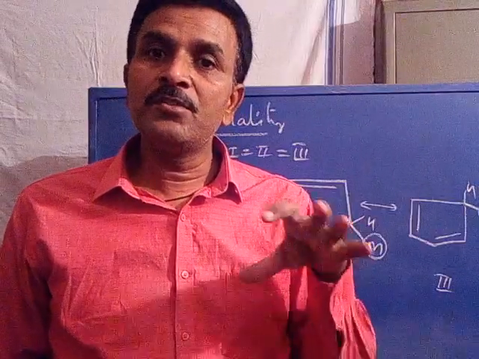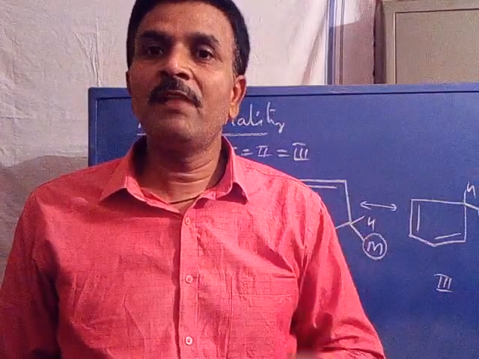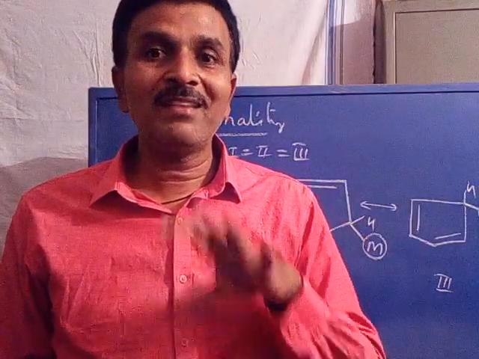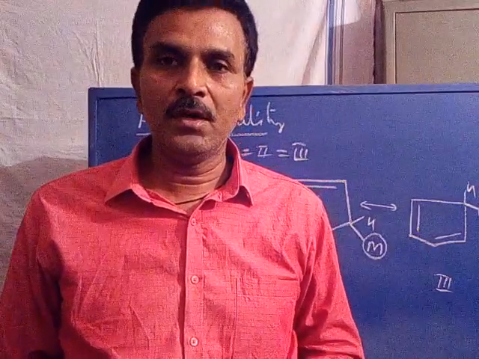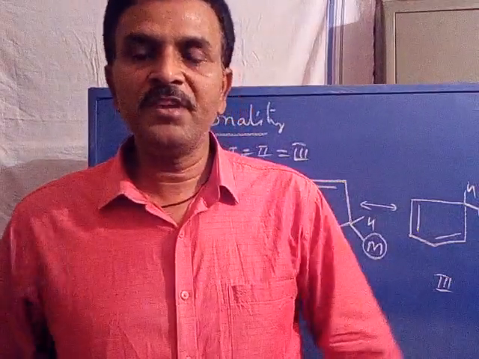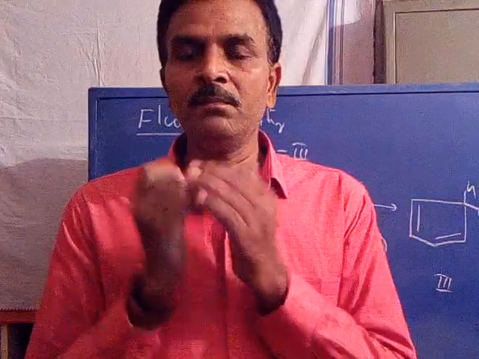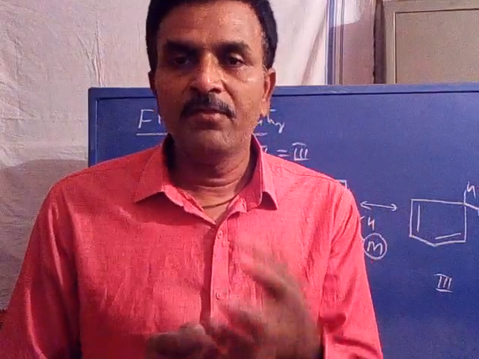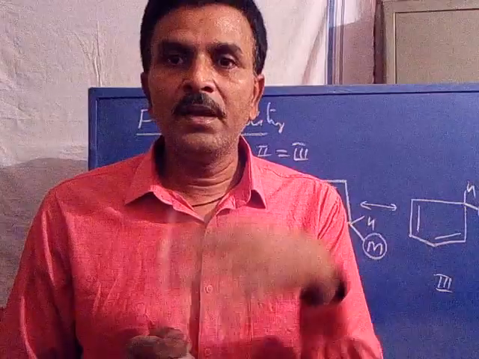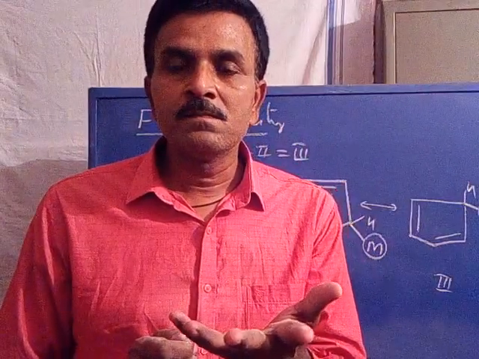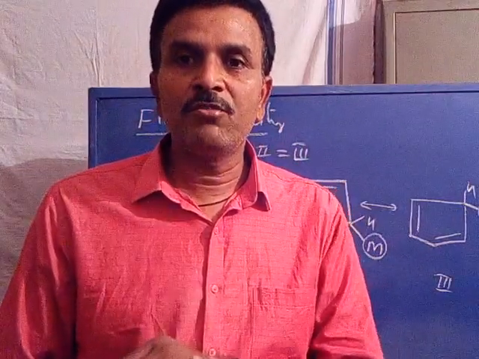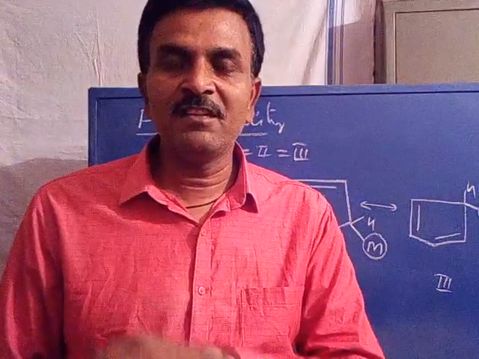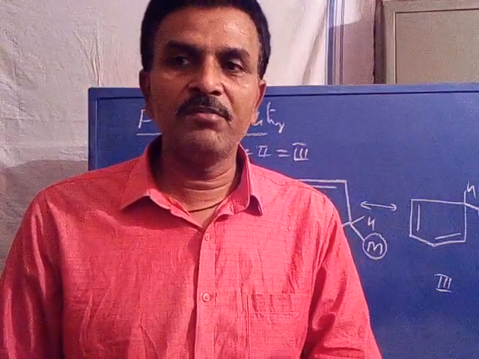The molecules which exhibit fluxionality are called fluxional molecules. Are you following? Exchange of an atom or group of atoms from one position to the other position within the same molecule leads to a new isomer which is identical to the first one from which it exchanged.